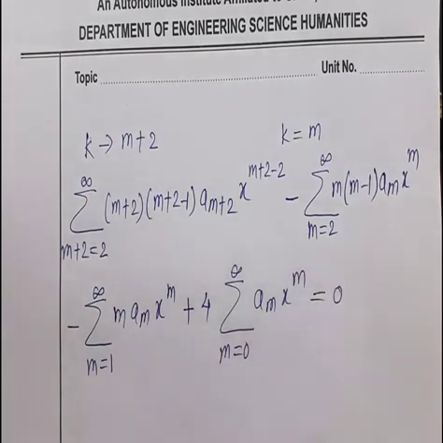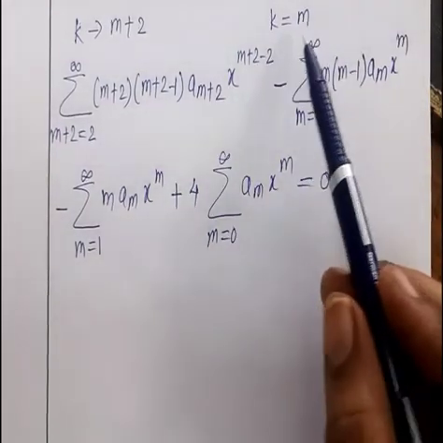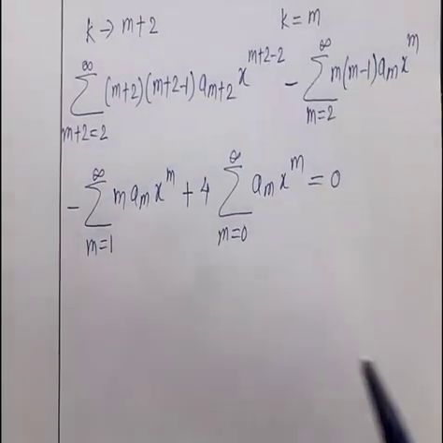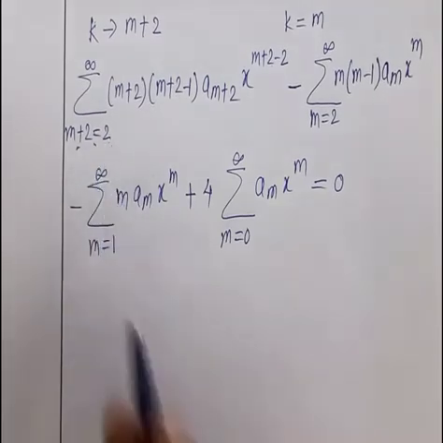This is equal to 0. So this we get after replacing k by m plus 2 and k by m. So this is summation m is equal to 2 to 2, so the 2 will get cancelled.